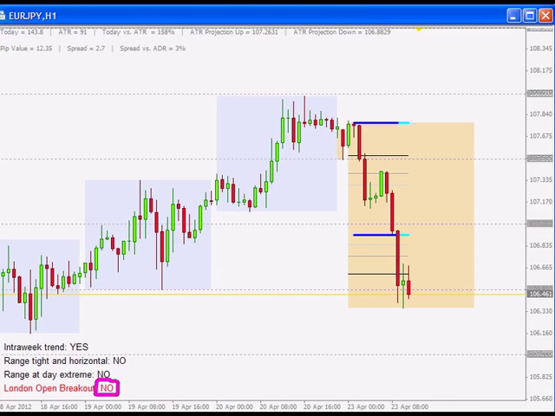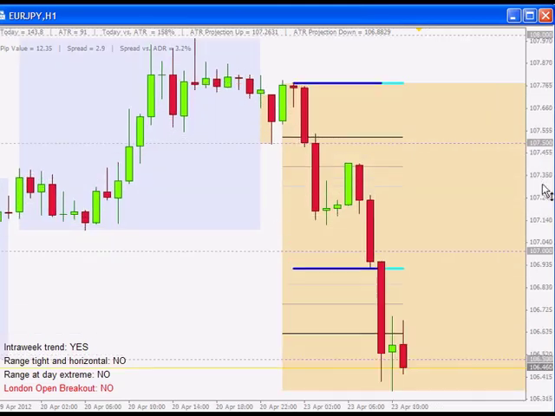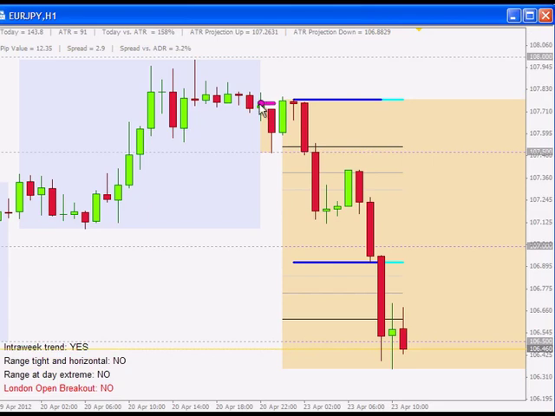Now, the second thing you want to keep in mind: some brokers print a small daily bar for the Sunday price action. Let me actually zoom in a little bit more. As you guys know, the markets open on Sunday evening instead of Monday morning, and therefore there are 2-3 hours of price action taking place on Sunday evening.